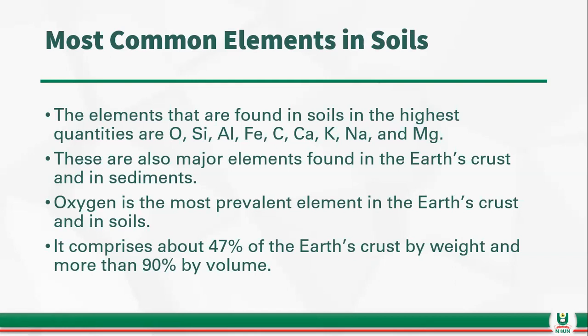These are also major elements found in the earth crust and in sediment. Oxygen is, of course, the most prevalent element in the earth crust and in soil. We say that oxygen comprises about 47% of earth's crust by weight and more than 90% by volume.